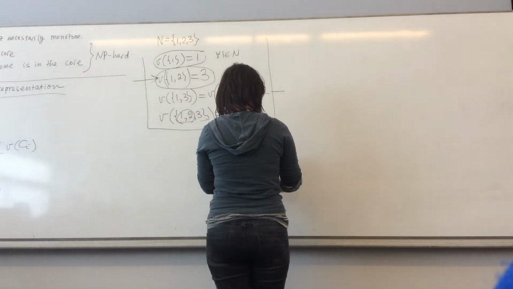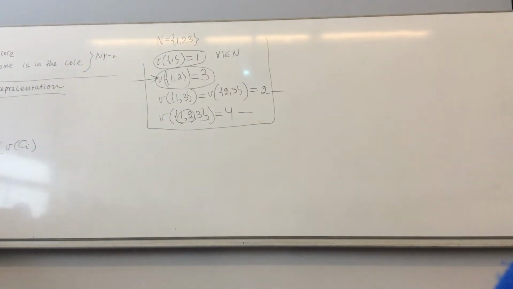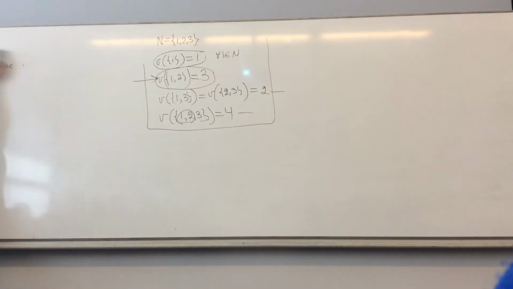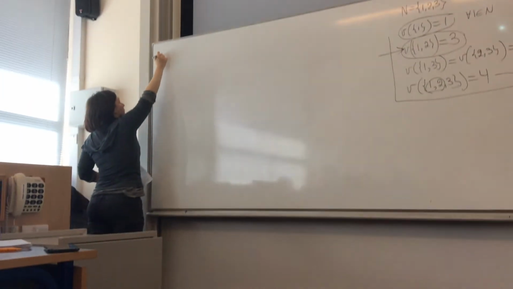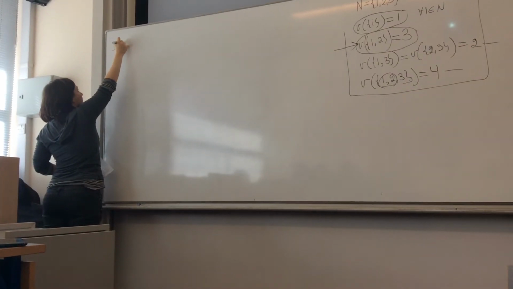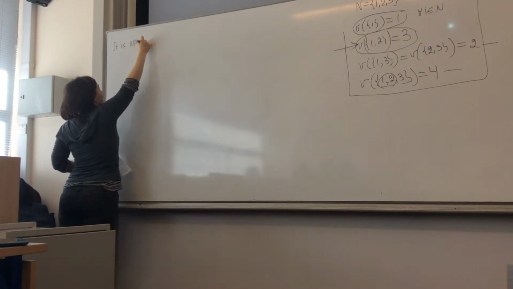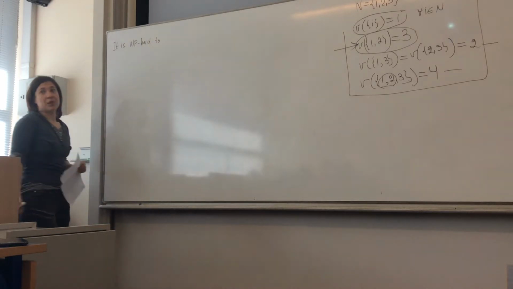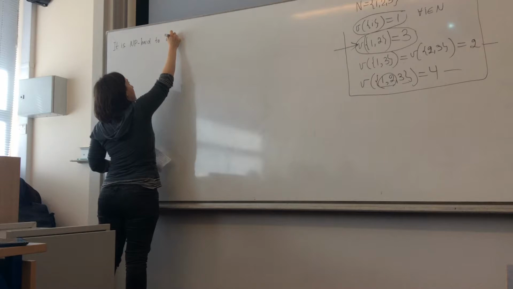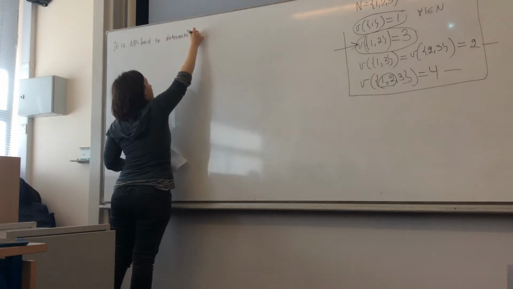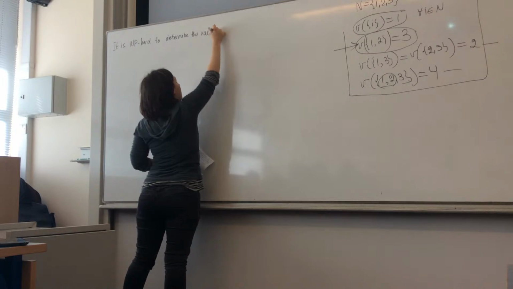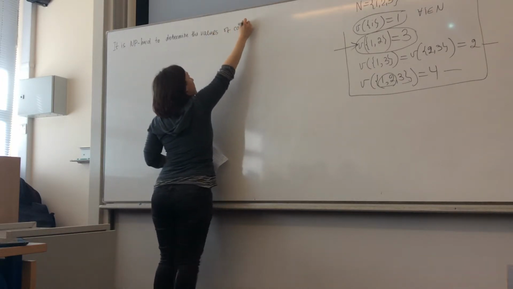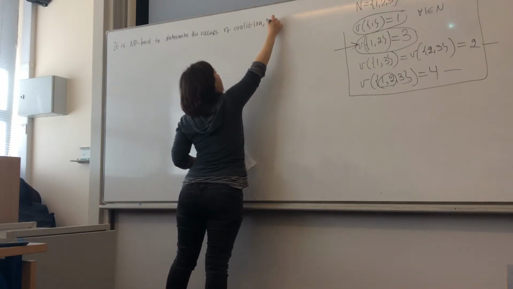Now, in terms of complexity of solving different problems, it stays actually NP-hard to determine the values of coalitions in the worst case, and in particular, of the grand coalition.